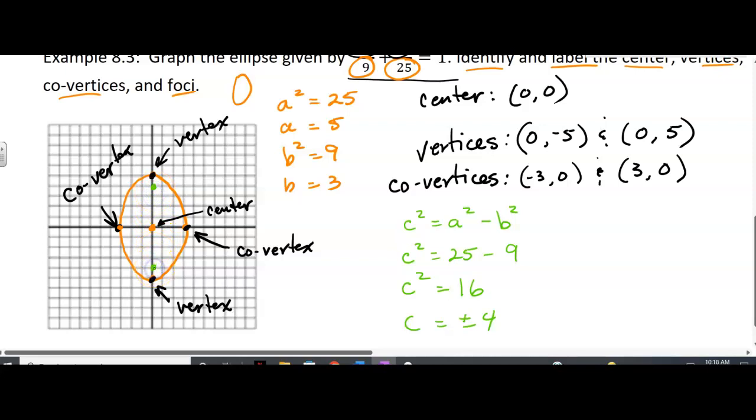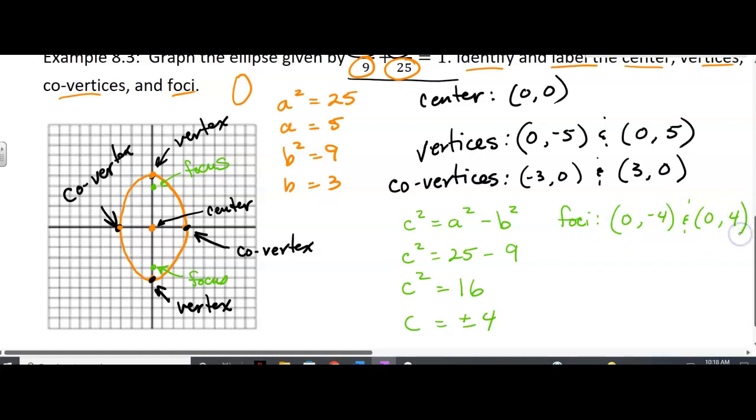A lot of times those are not integers, by the way. They're square roots, and you'd have to approximate them, but this one worked out. So that is going to be a focus there, and then another focus here. And they probably want them written as points. So the foci are 0, -4, and 0, 4.